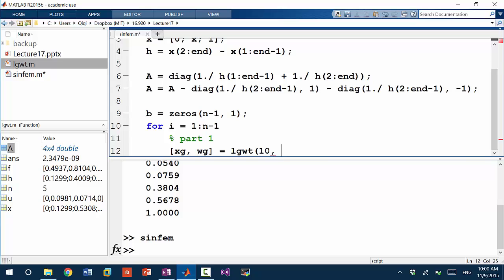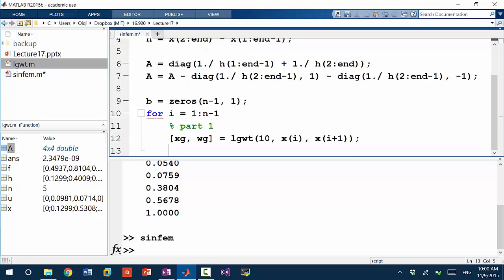10 points, and I need my x of i and x of i plus 1. That's the two ends of my integration interval in part 1. And the function I want to integrate goes from 0 to 1 as my x goes from xi to xi plus 1.